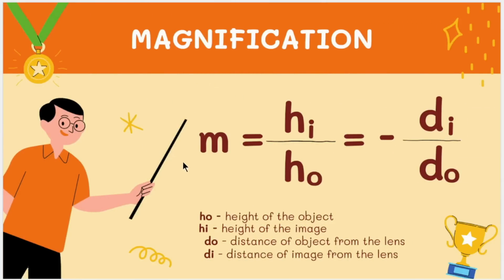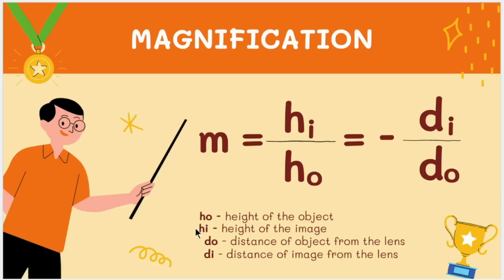So we also have the magnification. So again, we will be using the same equation. So m, or magnification, is equal to height of the image over the height of the object is equal to the negative of the distance of the image over distance of the object. So ano yung mga variables na yan? They are written below.